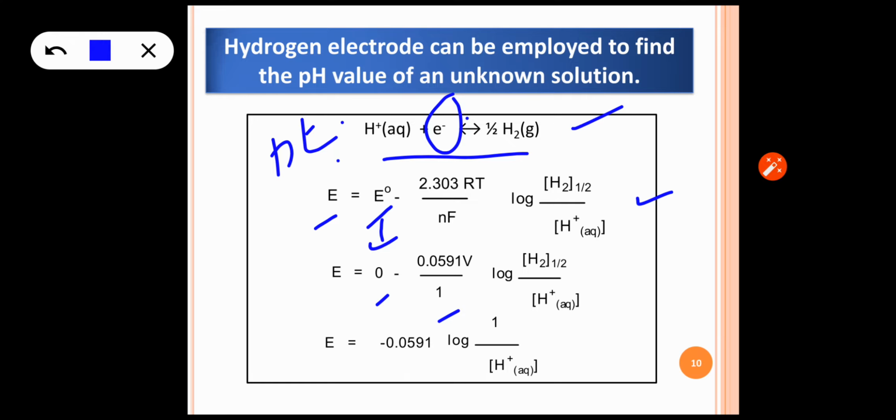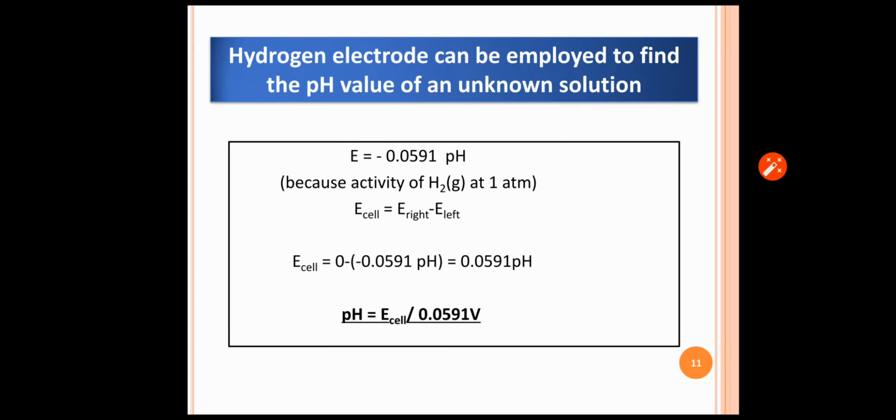Log of H2 gas, there is half mole of H2 gas, divided by H plus concentration. Since we cannot express the H2 gas in terms of concentration, 1 is written in place of that, then the expression reduces to E is equal to minus 0.0591 log of 1 over H plus concentration. We know that pH is equal to minus log H plus concentration.